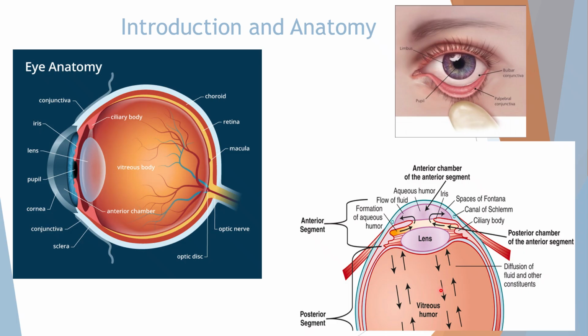Okay. If the pressure is too low, the eyeball itself, okay, is too soft and it'll collapse, preventing light from getting in. If the pressure is too high, it'll collapse the capillaries in the eye and the nerve fibers.